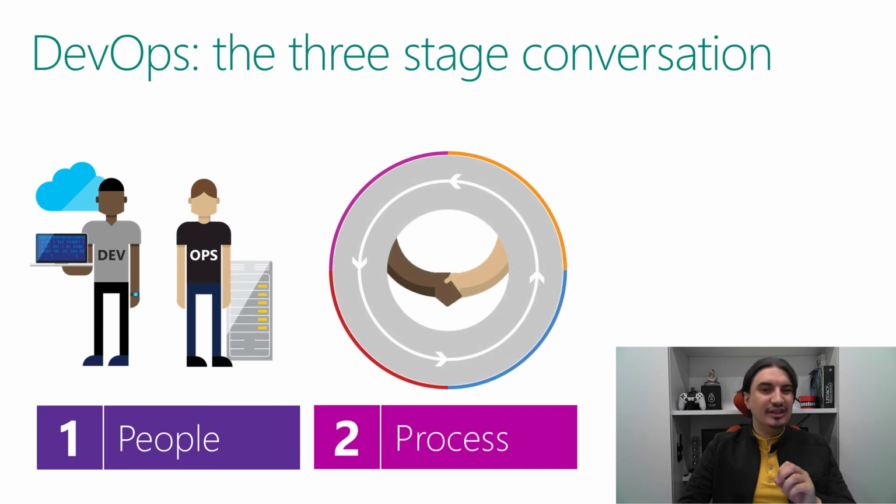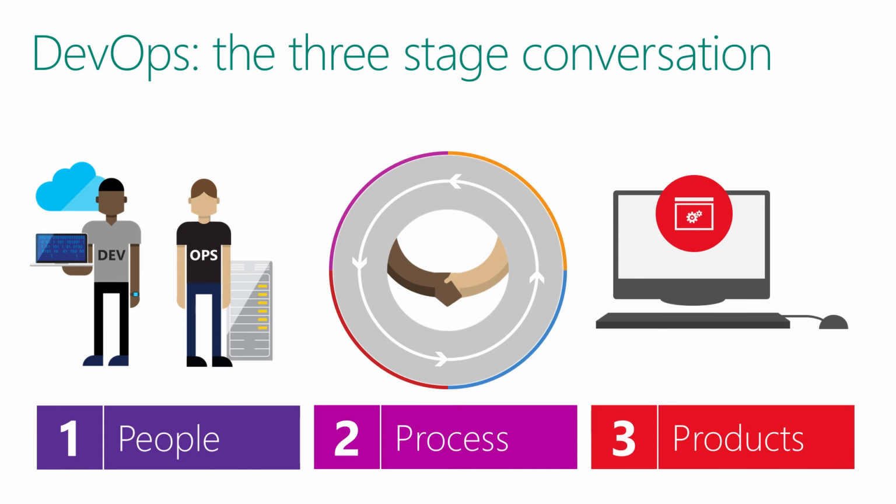The next one, you need to define all your processes: what exactly you will monitor, which metrics you will collect, how you will react to those metrics, how you will use them for troubleshooting, and so on and so forth. And only on the third stage can we talk about the exact products, the exact tools, the exact implementation options, but only after we talk to the people and only after we define all our processes.